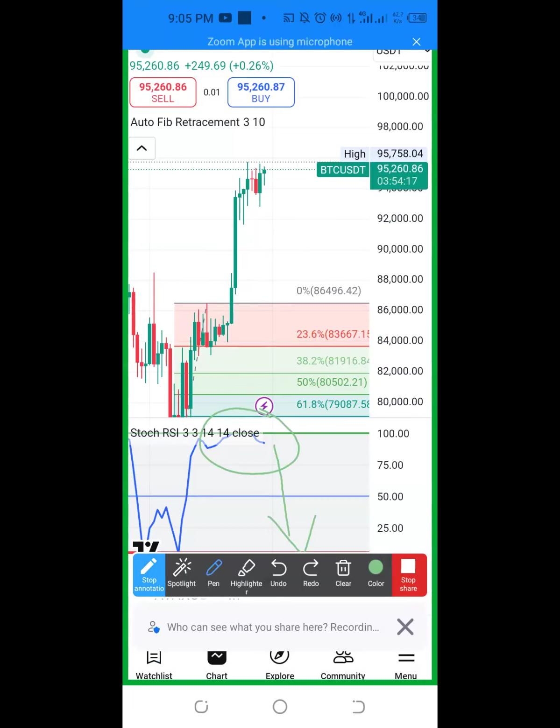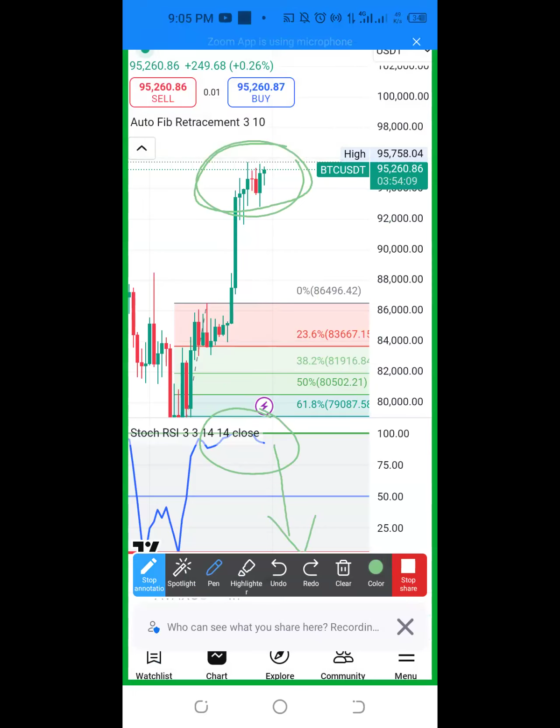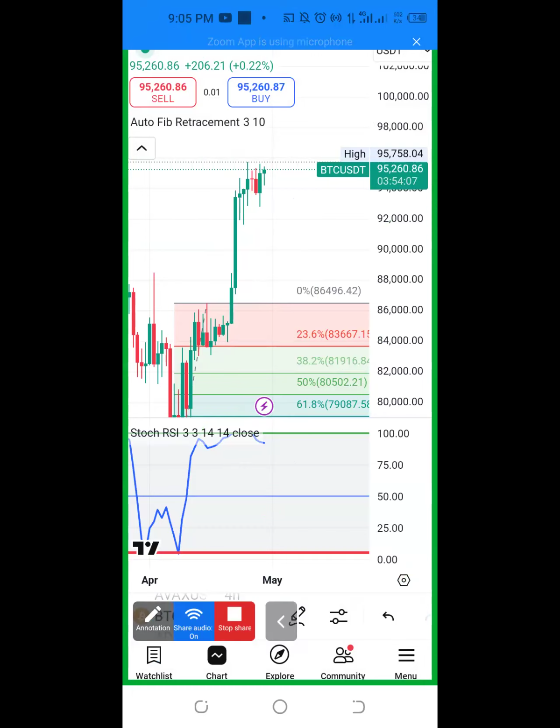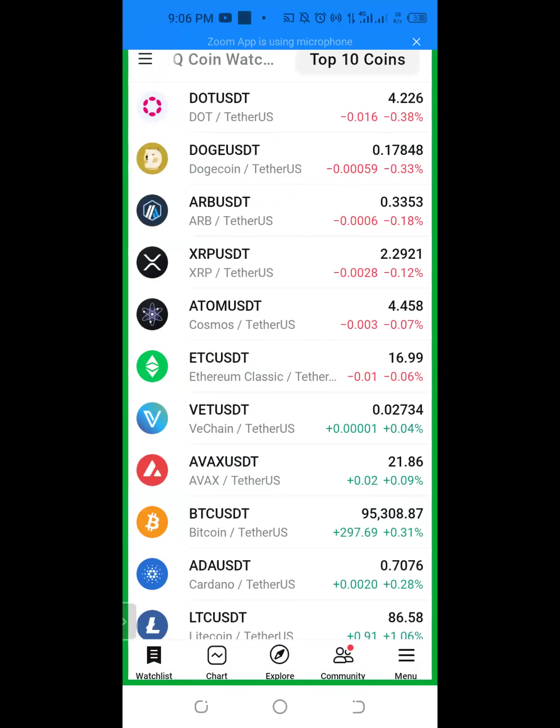That's why the bulls are holding strong on the price. The buyers are still taking charge of the market. Any small drop in Bitcoin, if Bitcoin just drops by 2%, you see what will happen to all the coins in the market. They will start going down.